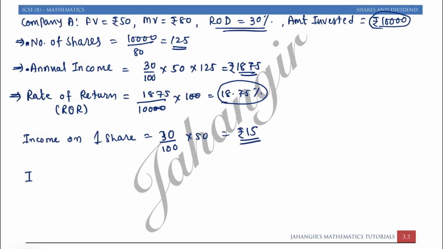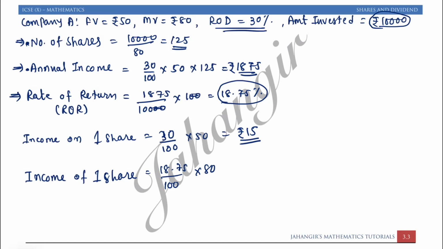Again, when you know the rate of return, the income on one share will also be 18.75% of 80 rupees. If you find 80 rupees' income on one share, you will get the same amount.